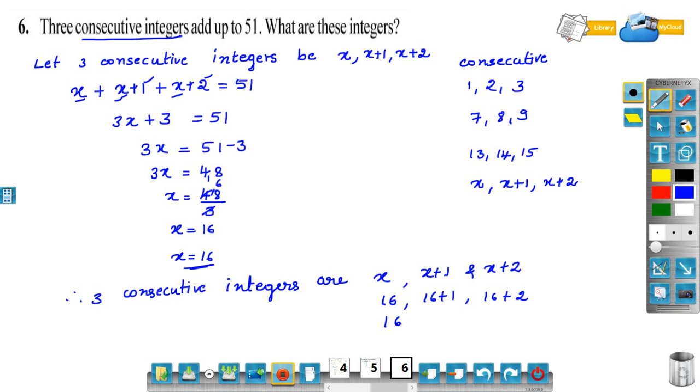So 16, 17, 18. Therefore, three consecutive integers are 16, 17 and 18. Sum of these three consecutive integers is 51. See here, 16, 17 and 18. 51.